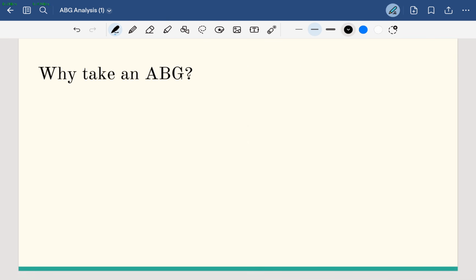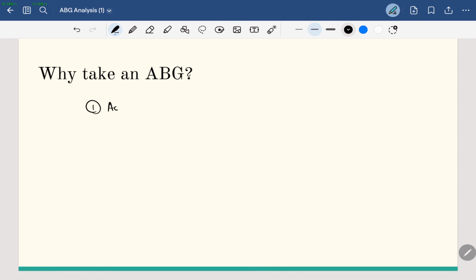So why are ABGs taken? Usually when patients present to the emergency department with dyspnea or tachypnea, we usually order ABGs for them. And if you've ever been in an ICU setting, you'll know that patients on ventilators usually have daily ABGs taken. So the reasons for taking ABGs can be classified into three main ones.